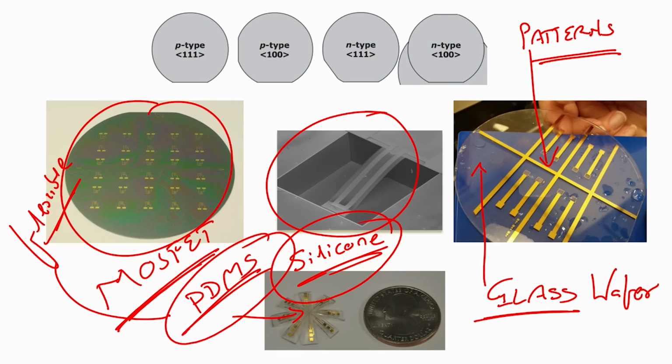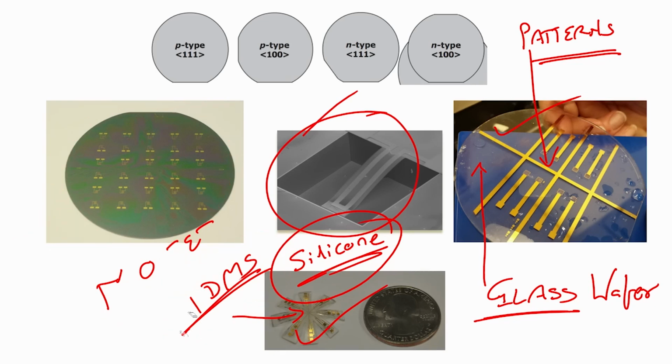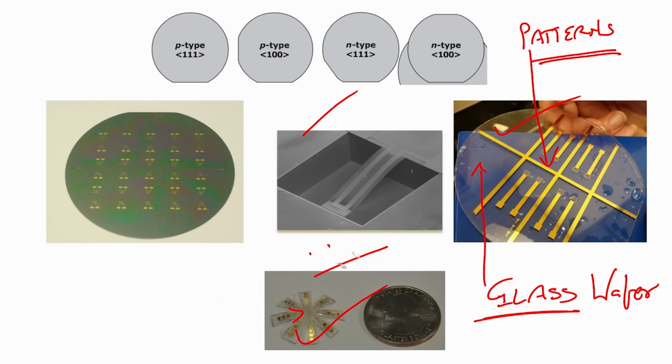So, the point that I am making here is that you can use oxidized silicon, you can use silicon, you can use glass, you can use flexible substrates. All these are nothing but your substrates, got it. The most important one is your silicon.